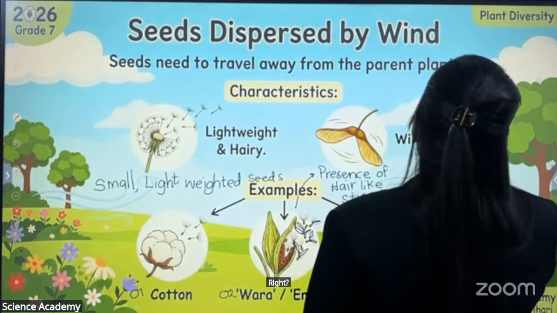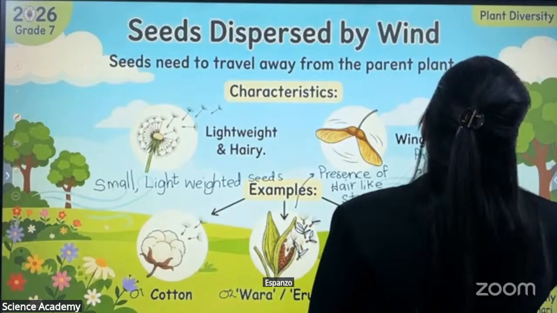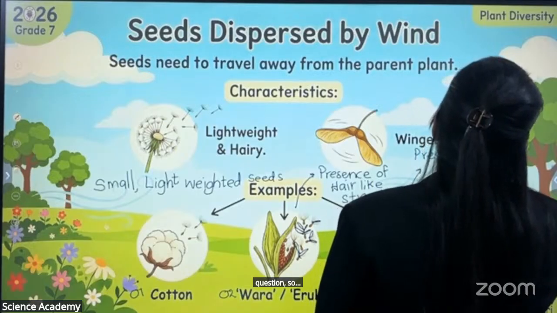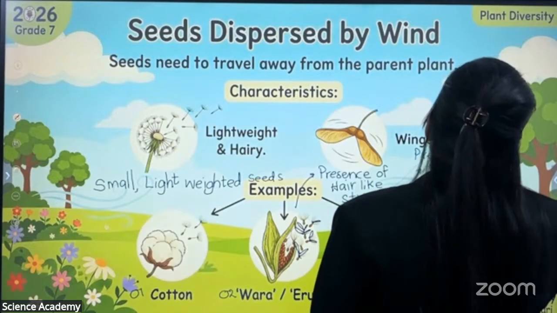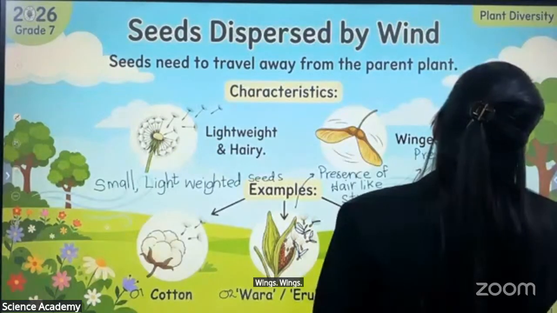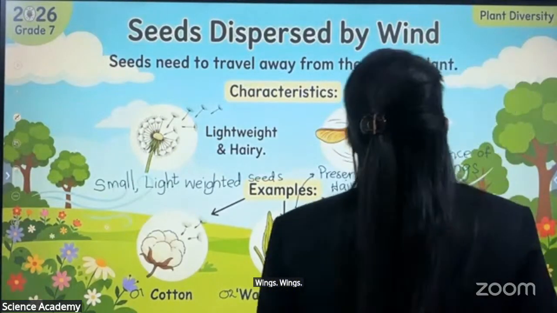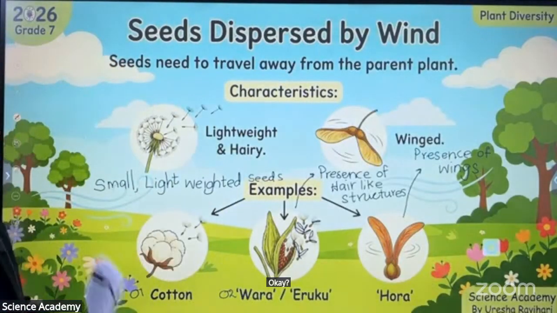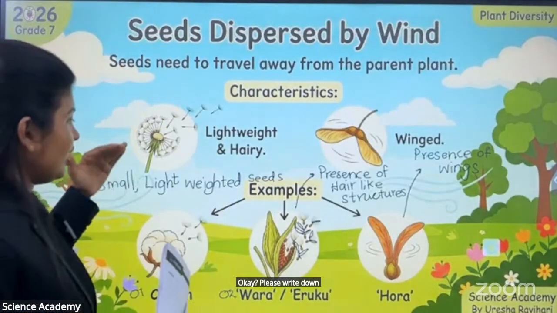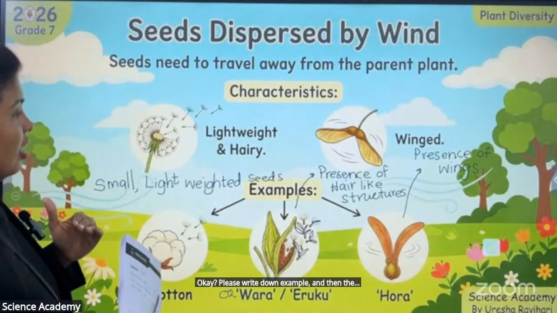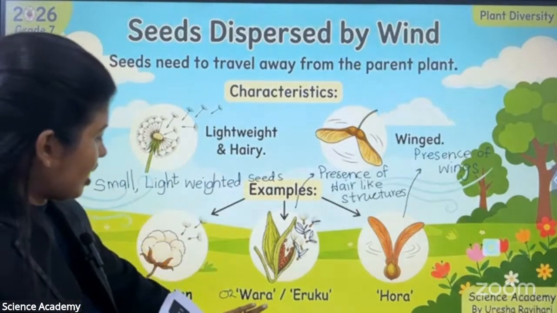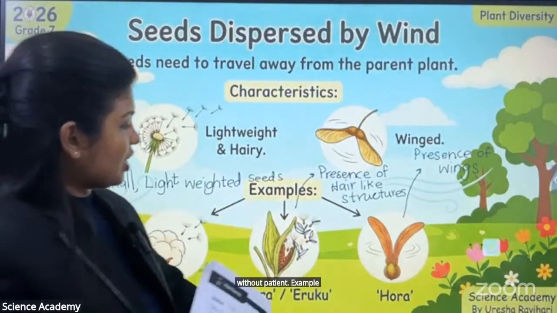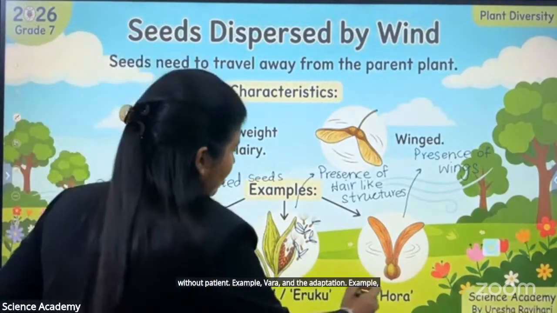Presence of wings, presence of wings. Okay? Please write down example and then the adaptation. Example vara and the adaptation. Example hora and the adaptation.